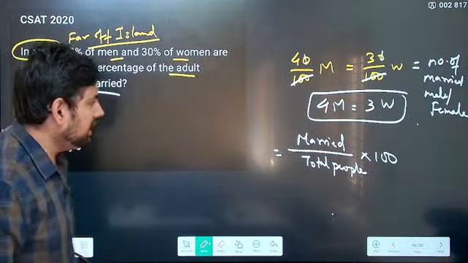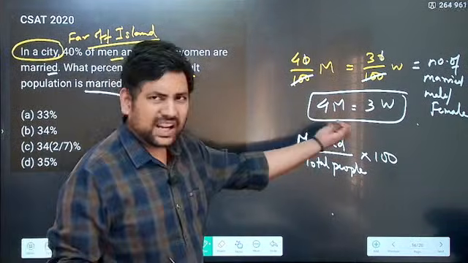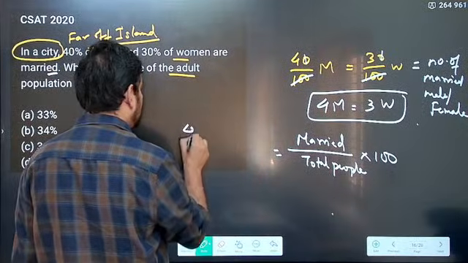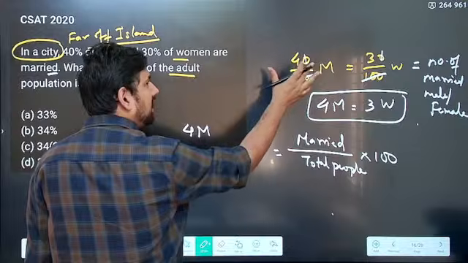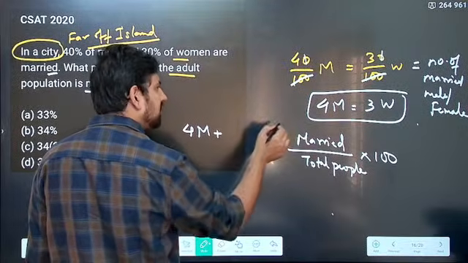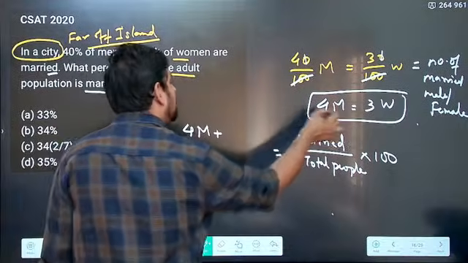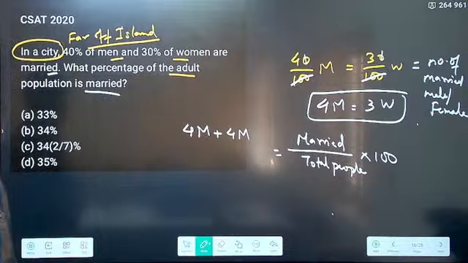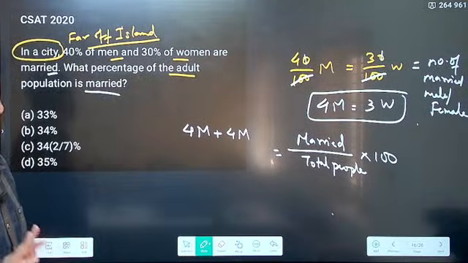Correct? This is fine. So now how many people are married? You can take any of them. Let's say I take m. So the number of men who are married is 4m, plus the number of women who are married is 3w, but anyway 3w is equal to 4m. So this also I can take as 4m. This is the total married population.